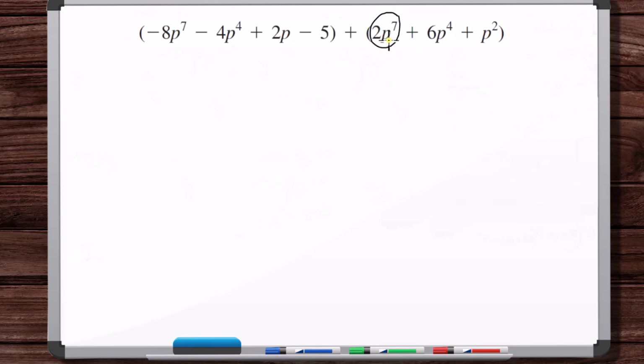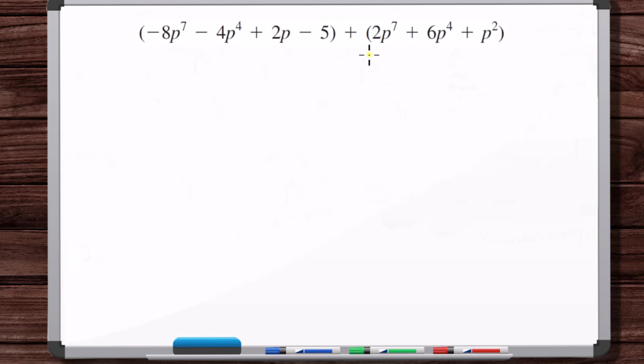You take in some number, take it to the seventh, multiply by 2, and you're left with a number. So this is just a number. Now obviously it's a little bit different than just saying this is the number 30, right? Because it's a variable expression. So we have to understand how to operate with variable expressions, add them and whatnot. But I'm just saying that at the end of the day, this is just a number.